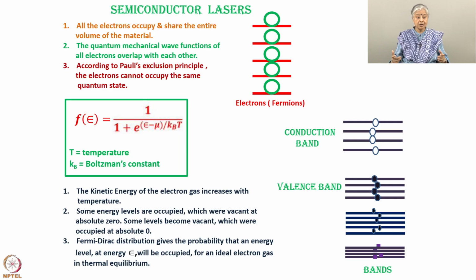So, we are talking about the electron states, the quantum states that these electrons occupy. And the electrons are all over the material, and the quantum mechanical wave functions of all electrons overlap with each other.